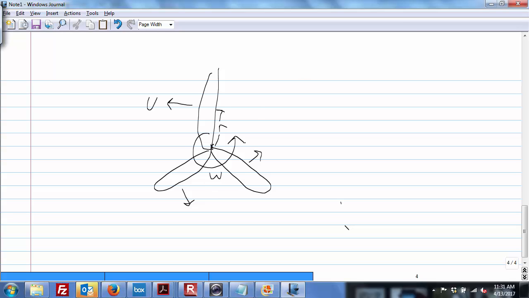That looks like a W, but it's omega. So we know that U equals R omega. Very important equation in any kind of spinning machinery. And it tells you that the velocity equals the radius times the angular velocity.